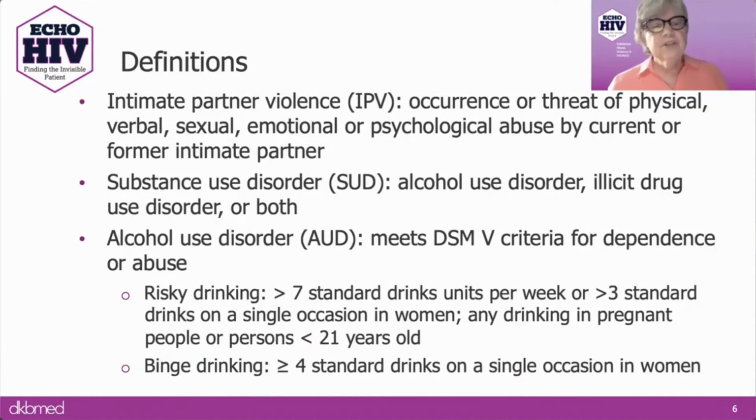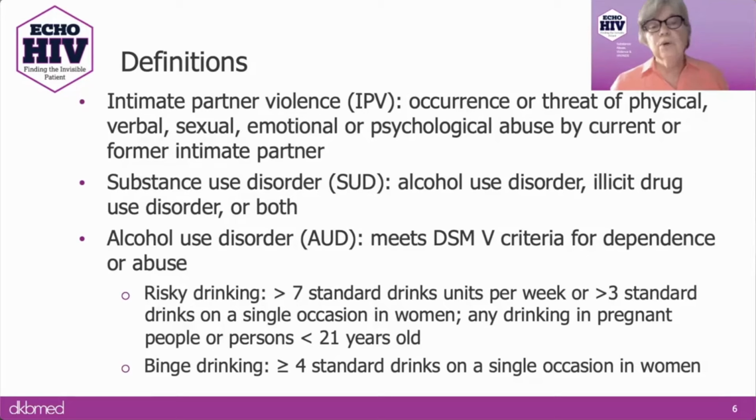This slide and the next slide contain some definitions. I'm not going to go over these in detail. You'll be able to look at these at your leisure. But just to point out a couple of things. Intimate partner violence encompasses more than physical or sexual violence, but also emotional and psychological abuse and verbal abuse.